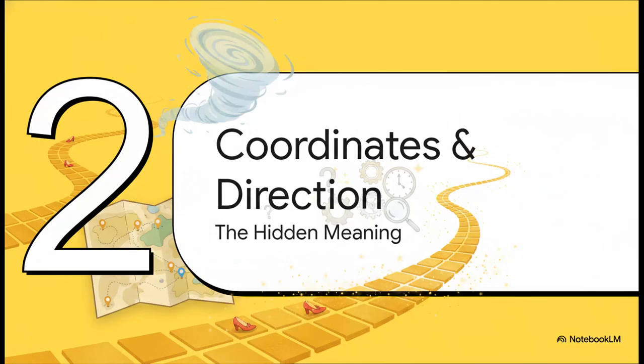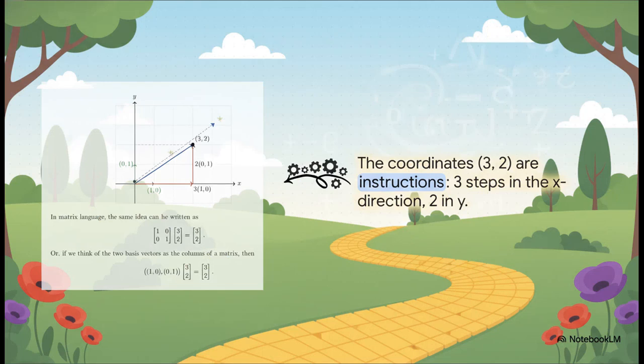Okay, so a point is a location, a vector is a movement. Got it. But here's where things get really interesting. What if I told you that the idea of movement has been secretly hiding inside the coordinates of a point this whole time? So how does that even work? Well, just look at the point 3, 2. Those numbers aren't just a label, they're actually a recipe. They're telling us, start at 0, take 3 steps in the standard horizontal direction, and then take 2 steps in the standard vertical direction.